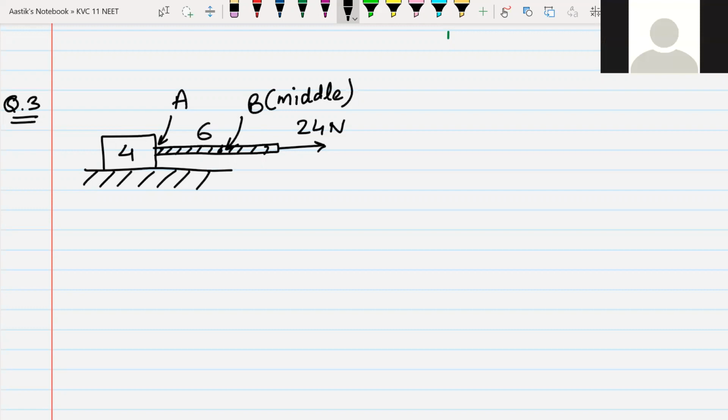Acceleration 2.4 meter per second. Okay. Correct. Acceleration is 2.4. Very correct. What about the next thing?